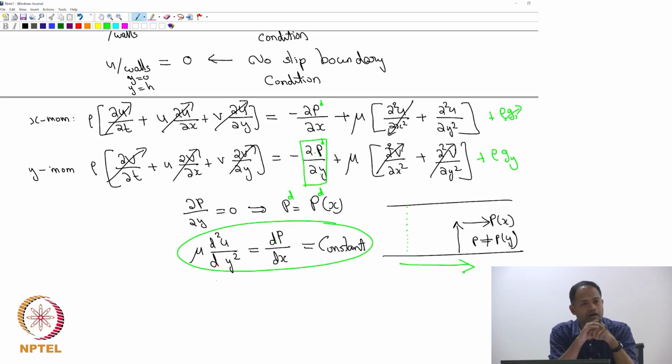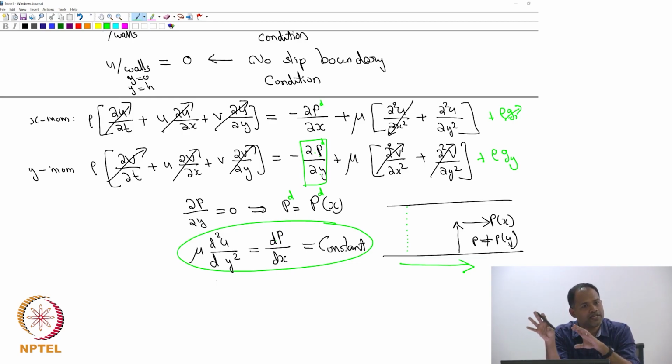That is exactly what you do in Bernoulli's equation. You have a pressure head, you have a velocity head, you can have a gravity head. If you talk about a pipe in a horizontal direction, then there is nothing gravity will do.